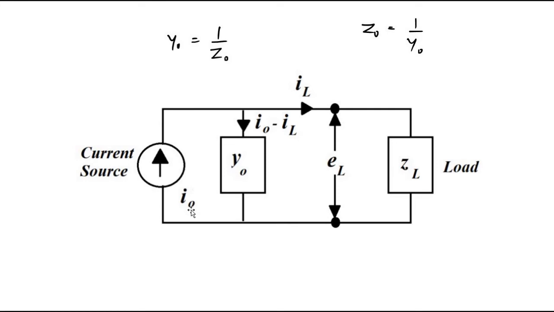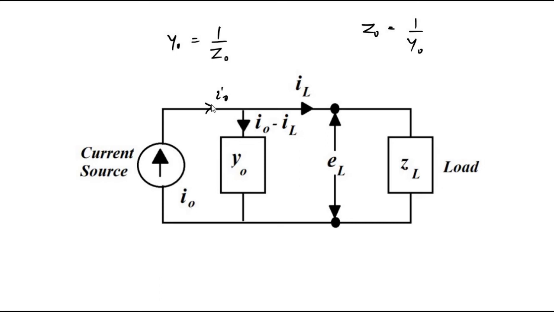Here the output current is I0, it is flowing from here. Here load current IL is flowing, so as a result the current flowing through this output impedance or output admittance is I0 minus IL. EL is the voltage across the load. Same voltage here also, it is EL.